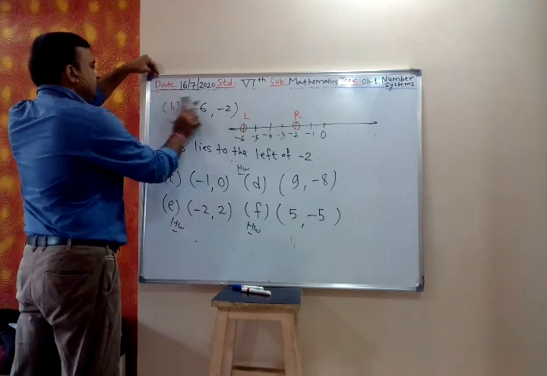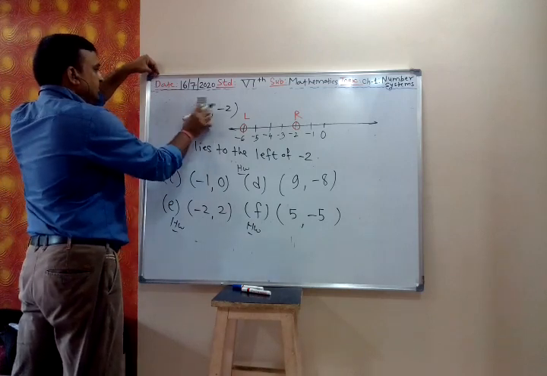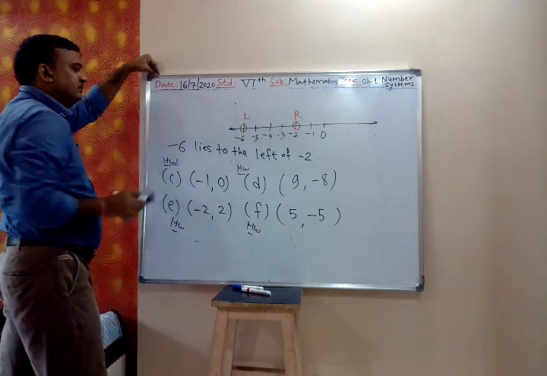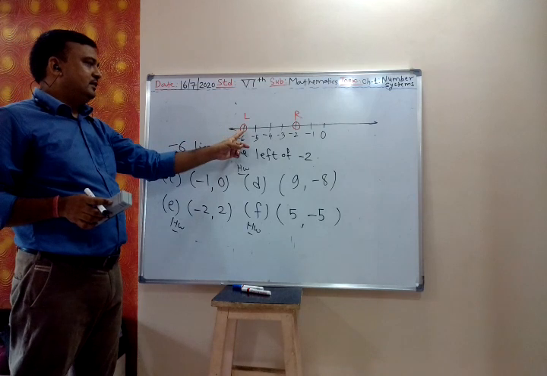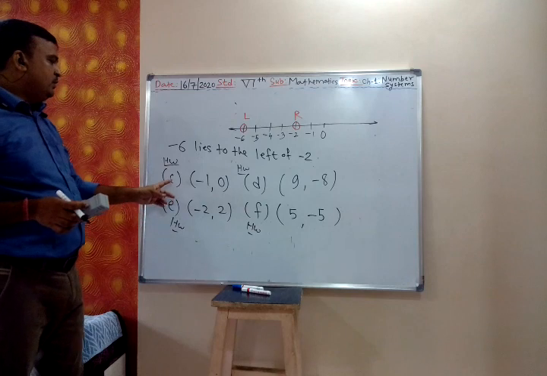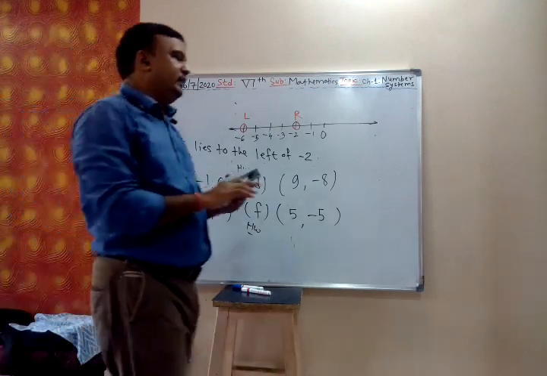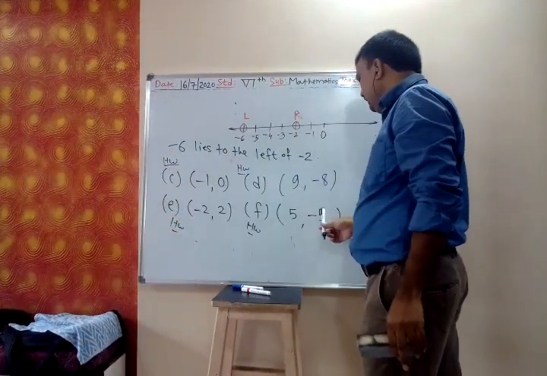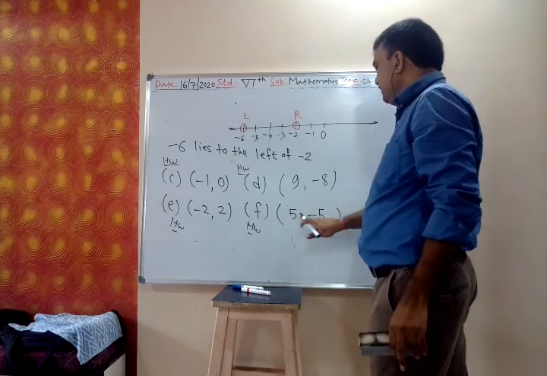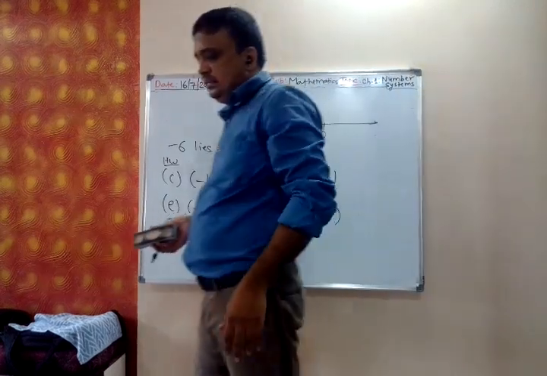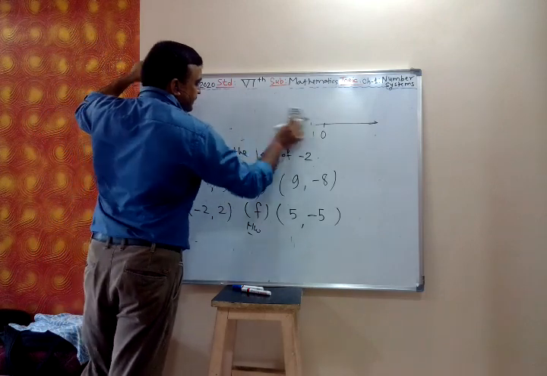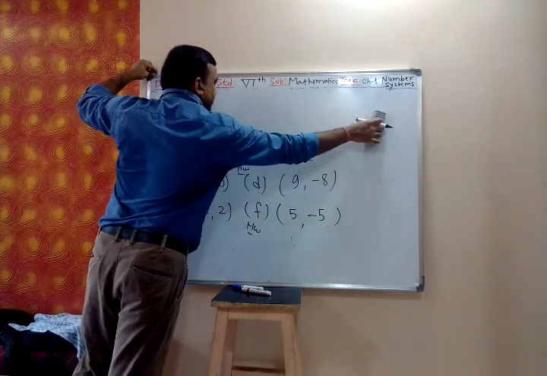Minus 6 is on the left of minus 2. In that textbook it is written minus 55, instead of minus 55 it is minus 5. So 5 comma minus 5. You have to find which number is on the left.